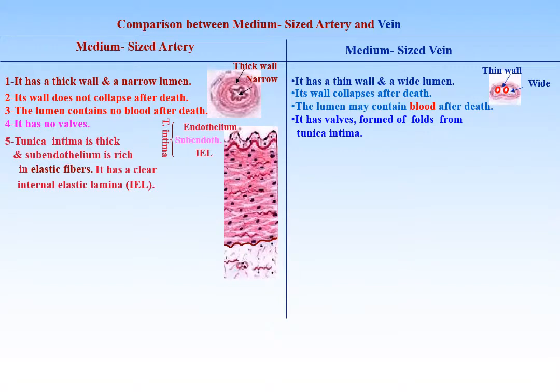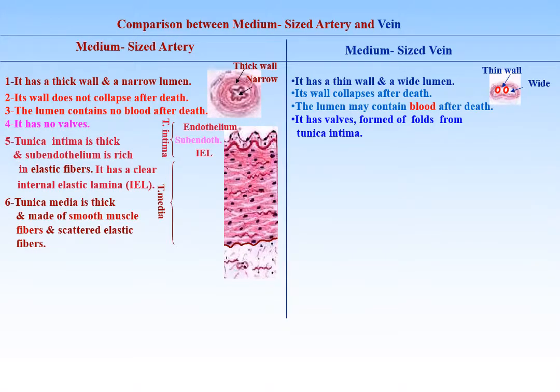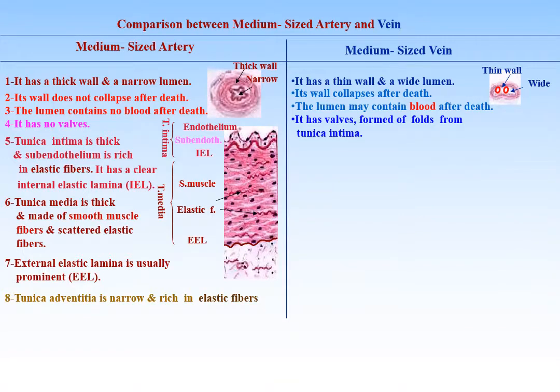Tunica media of the artery is thick and made of smooth muscle fibers and scattered elastic fibers. External elastic lamina is usually prominent. Tunica adventitia of the artery is narrow, rich in elastic fibers, and contains blood vessels, nerves, and lymphatics.